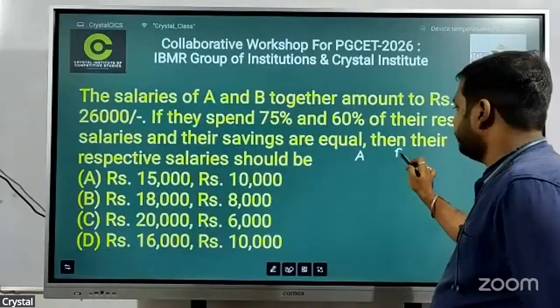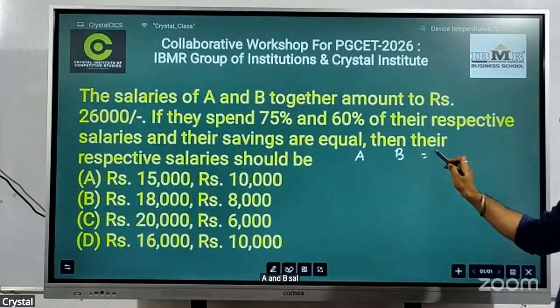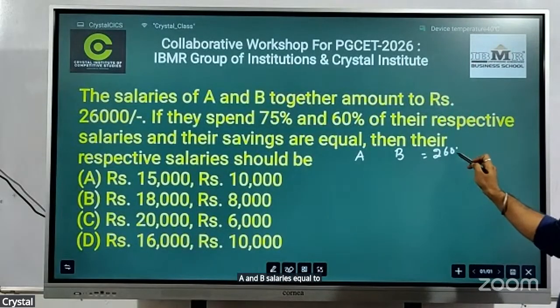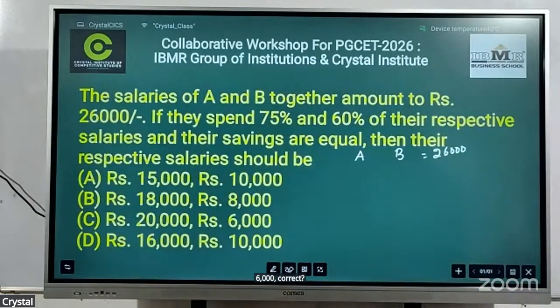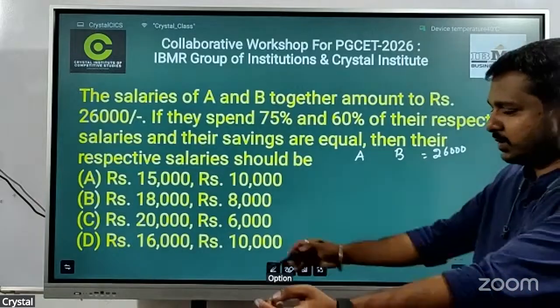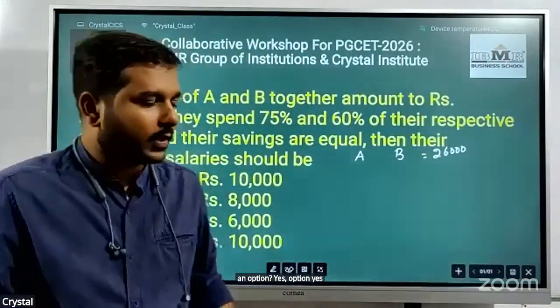A and B's salaries are equal to 26,000 together.